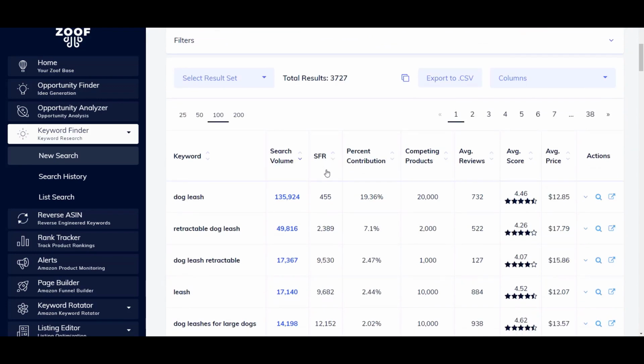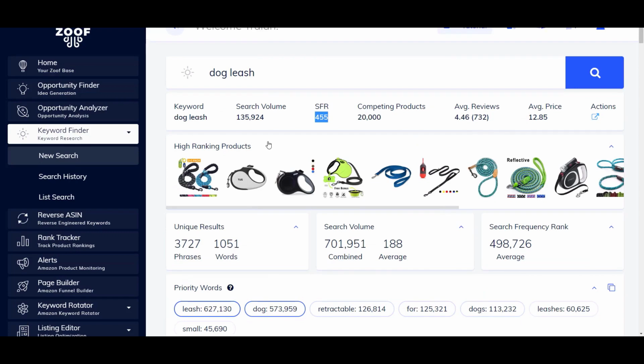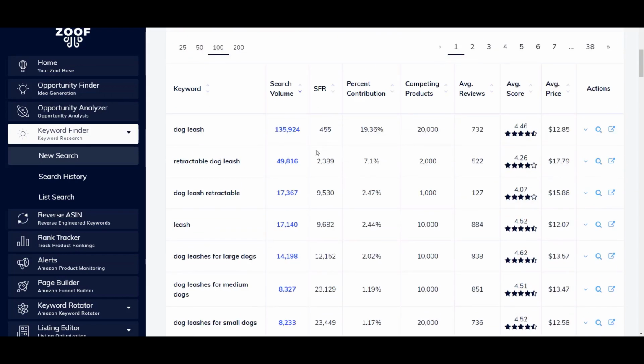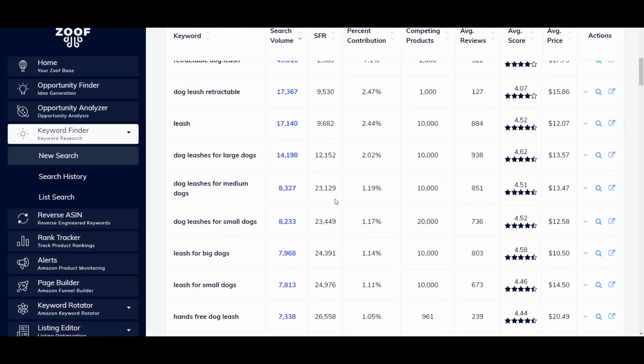Now, as we look at this particular tool, Keyword Finder suggests other keywords related to dog leash. In the second column, we can see that dog leash has an SFR of 455, retractable dog leash 2,389, really great keywords, right?